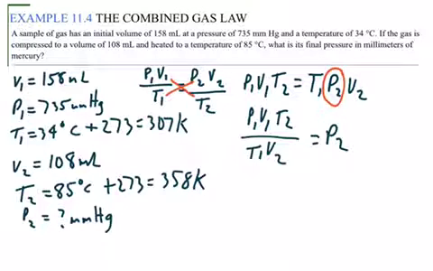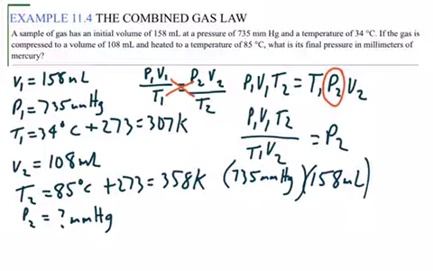So, P1, if you look at our information, is 735 millimeters of mercury. V1 is going to be 158 milliliters, and this is the importance of setting up everything nicely, being organized, writing all your givens.